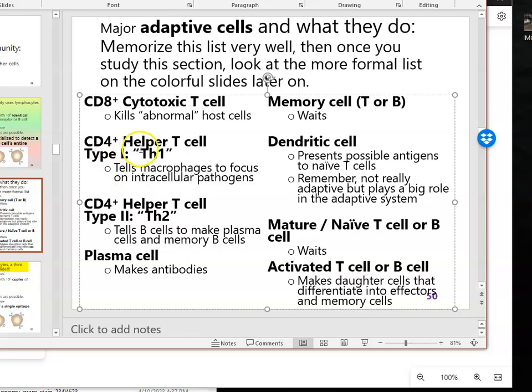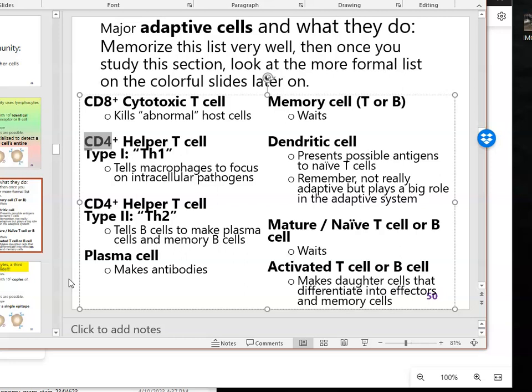There's logic to these two and their jobs, and the fact that they're CD4 positive. There's logic to the name cytotoxic. There's logic to the name helper. There's not much logic to the name plasma other than you find them in blood. That's another big part. We don't spend much time on it because it is just memorize that list, but definitely memorize that list.